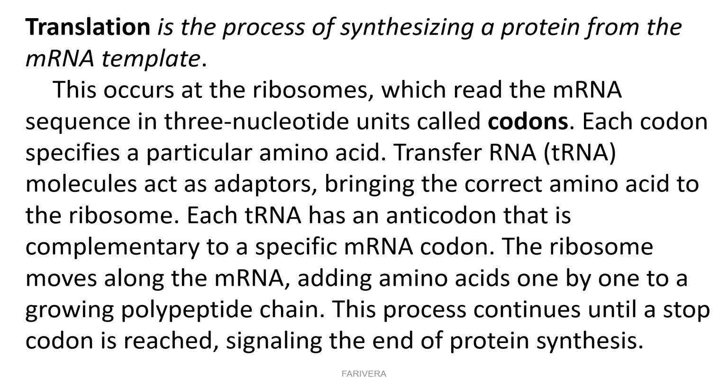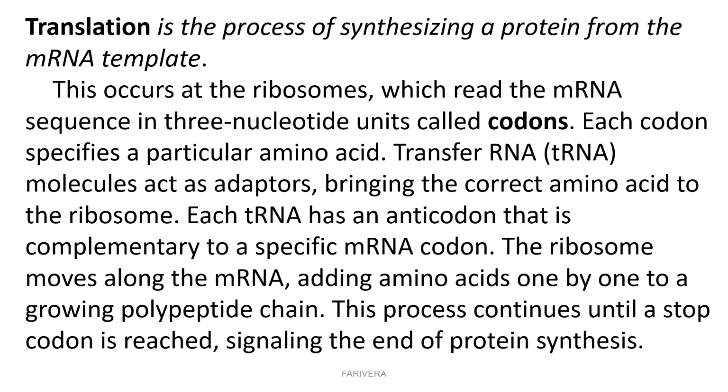Okay, as mentioned a while ago, but this is a more detailed discussion for translation. You have to remember that translation occurs at ribosomes. The ribosome reads the messenger RNA, as mentioned also a while ago, in groups of 3 nucleotides called codons. Each codon corresponds to a particular amino acid or signal.